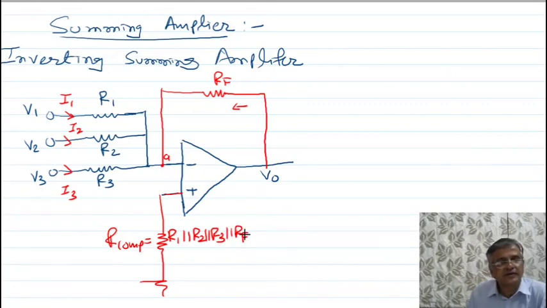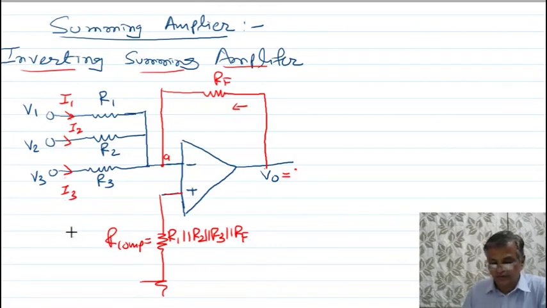Okay, now let us derive the equation of the output voltage. In an inverting summing amplifier, the output is the negative of the sum of the input signals, that I want to show. It's very easy. Look here. Due to infinite input resistance, this does not draw any current.